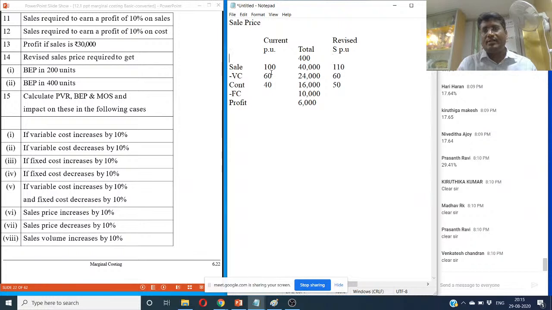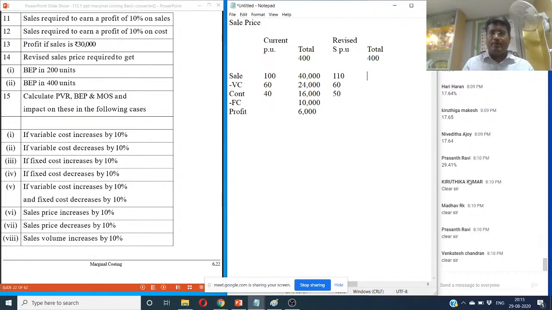The number of units sold remains the same, 400. Price only changes. So 110 into 400, how much is that? 44,000. 60 into 400, 24,000 is the variable cost. Contribution being 50 into 400, 20,000. Fixed cost being 10,000. And profit being 10,000 rupees.